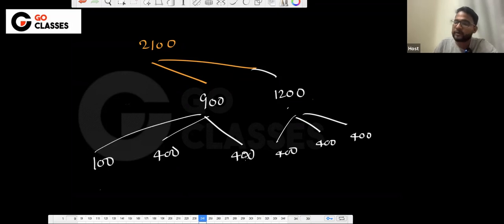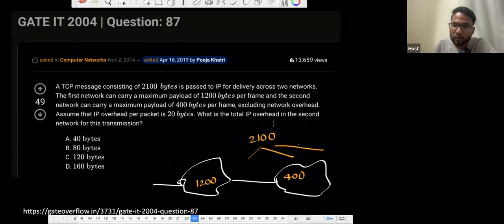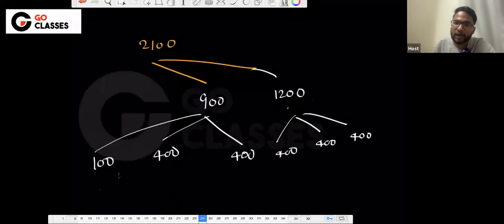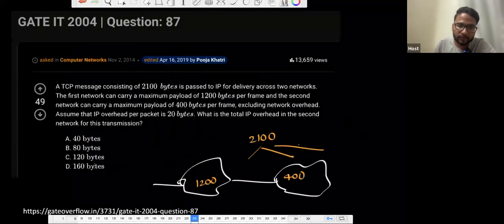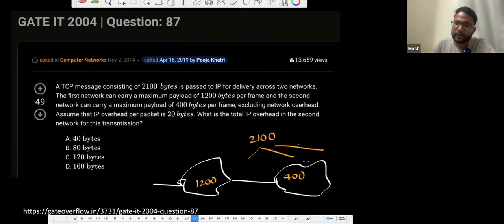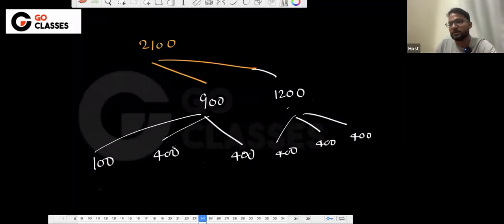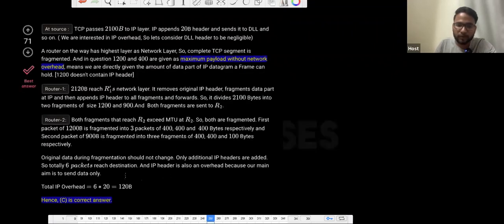So how many fragments do I have at the end? 6 fragments. What they're asking is, what is the total IP overhead? So total IP overhead will be 6 into 20, right? 120 bytes, because I have 6 fragments at the end, after the first network and after the second network. So that's why 120 should be the answer.